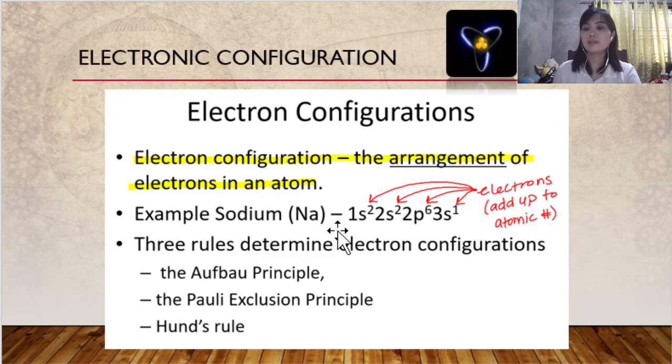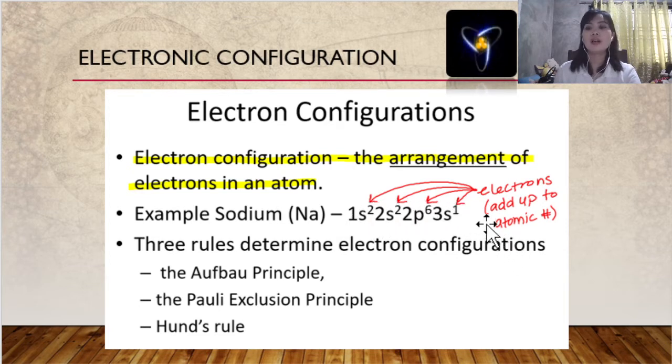We have here one example, the element sodium. We have the chemical symbol Na, and its electron configuration is 1s2, 2s2, 2p6, 3s1. Now, kindly highlight these exponents or superscripts: 2, 2, 6, and 1.